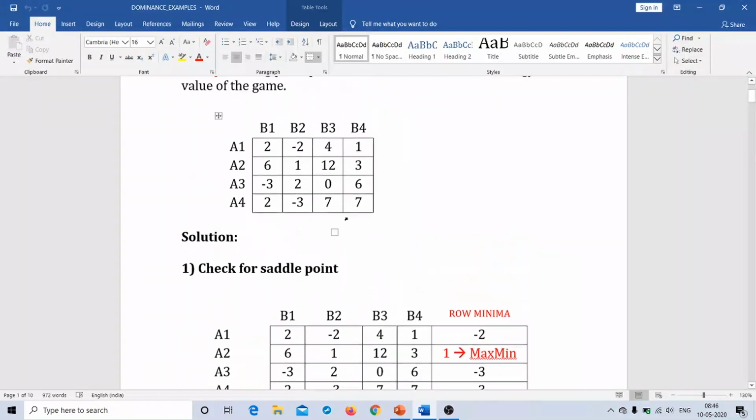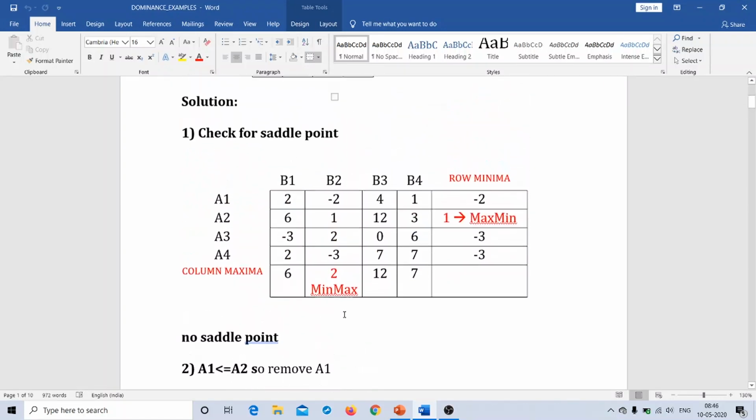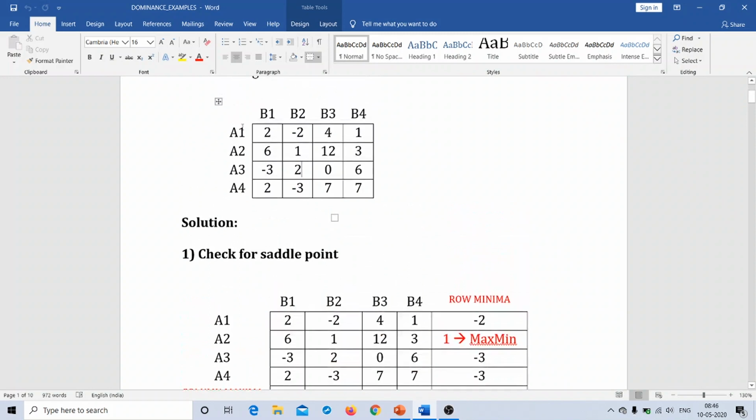When I closely observe, I draw the conclusion that row A1 is less than or equal to row A2. Now watch out carefully. Row A1 is less than or equal to row A2. What does it mean?